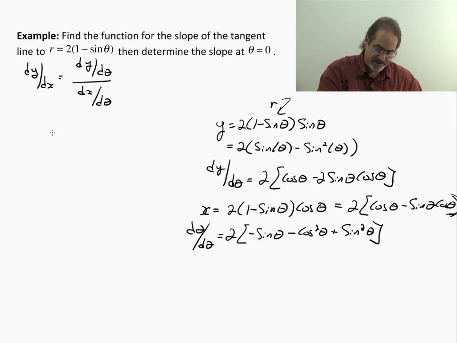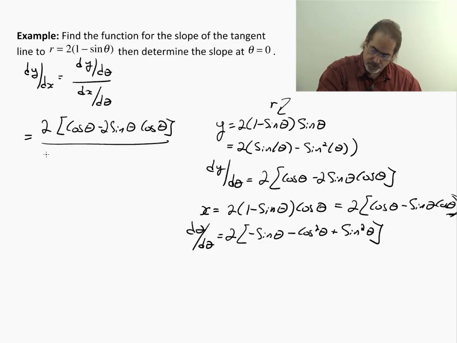So dy/dx is going to be equal to 2 times cosine theta minus 2 sine theta cosine theta divided by 2 times negative sine theta minus cosine squared theta plus sine squared theta.